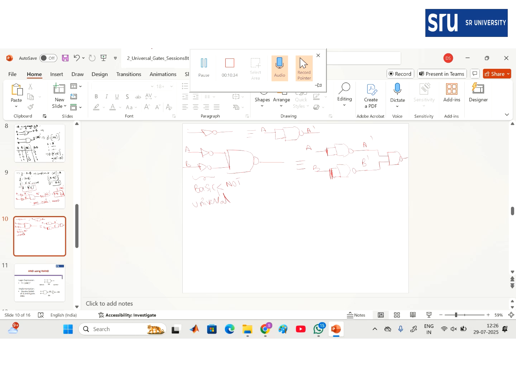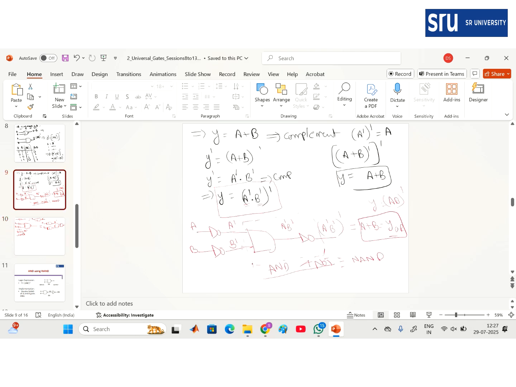So totally how many NAND gates do I require here? If you go through this circuit, here I have first NOT gate, second NOT gate, and third NOT gate, right? So how many NOT gates do I require? Three NOT gates and one AND gate, right? So total I require 4 gates, only basic gates, right? If I take a NOT gate IC, it contains six NOT gates.